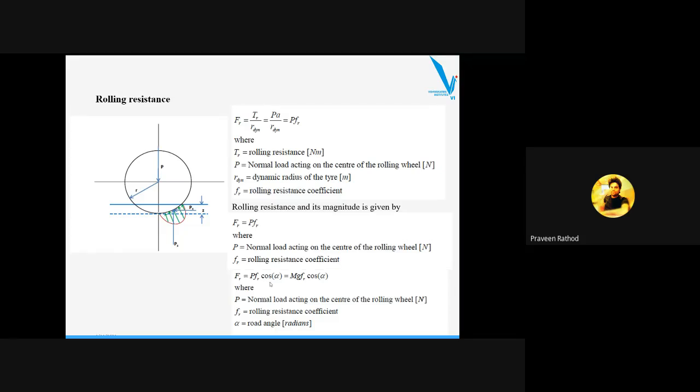When the vehicle is moving up a gradient, an angle is created, and the normal force P is replaced by the component that is perpendicular to the road surface, which rewrites the equation like this. So we can write such an equation. Now, rolling resistance coefficient is a function of what? Can anybody tell me? Rolling resistance coefficient is a function of what?